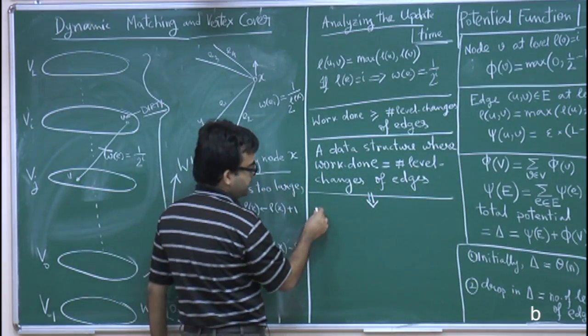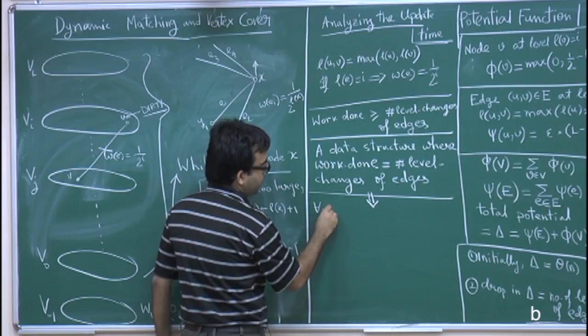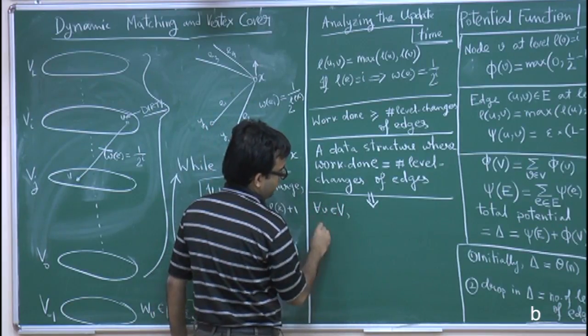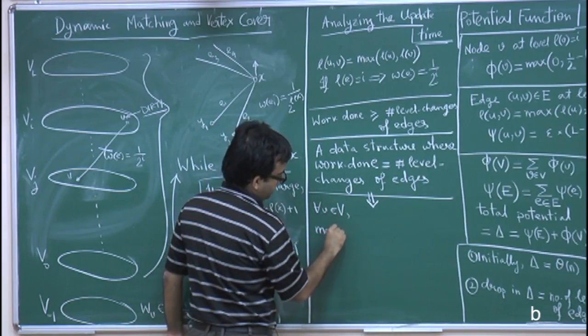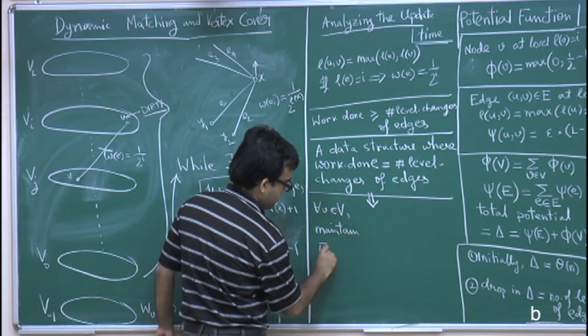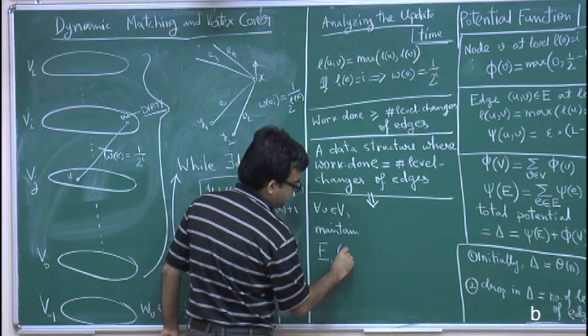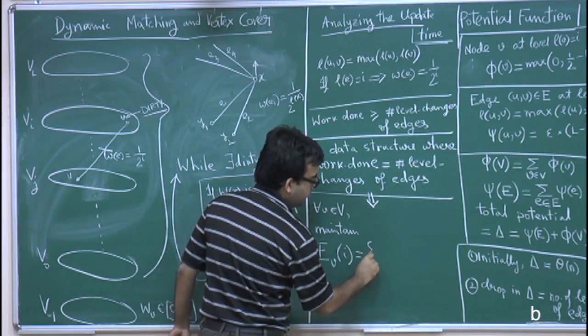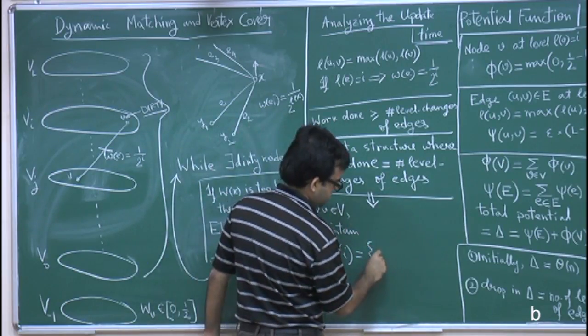So, the idea is very simple. For every node v, just maintain the set of edges incident upon v whose level is i.